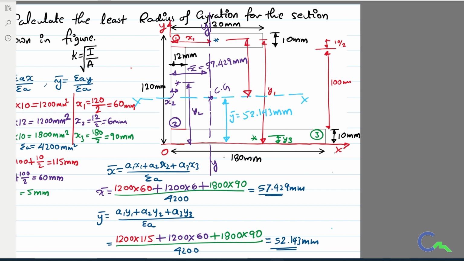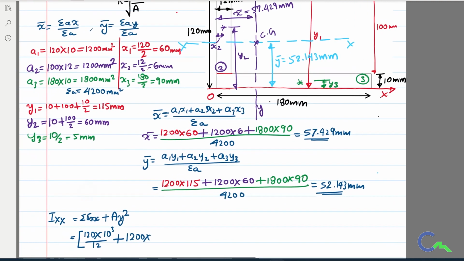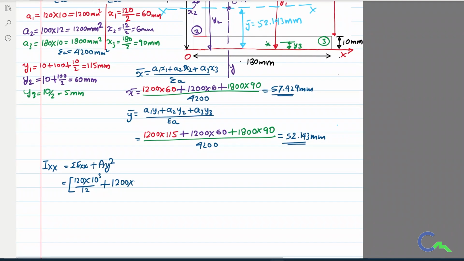I'm calculating about the x axis, so that is y1 minus y bar. y1 we already know, that is 115. So 115 minus y bar, which is 52.143, that value whole square.